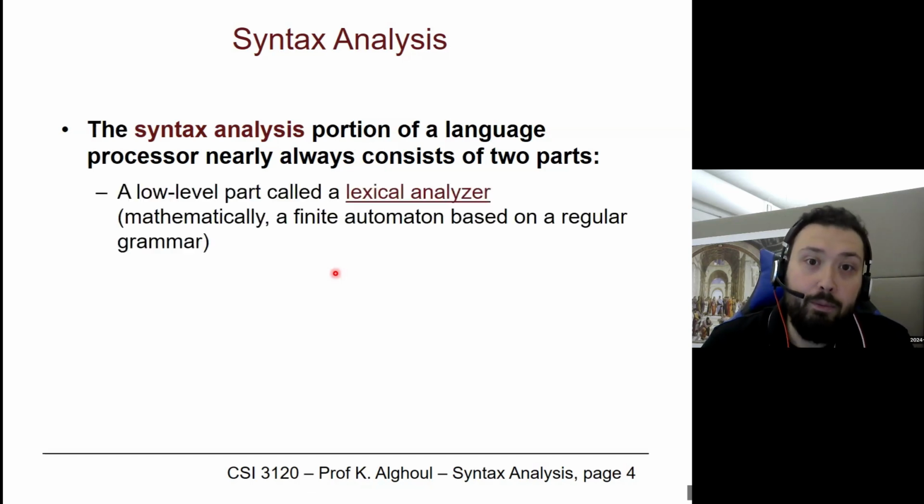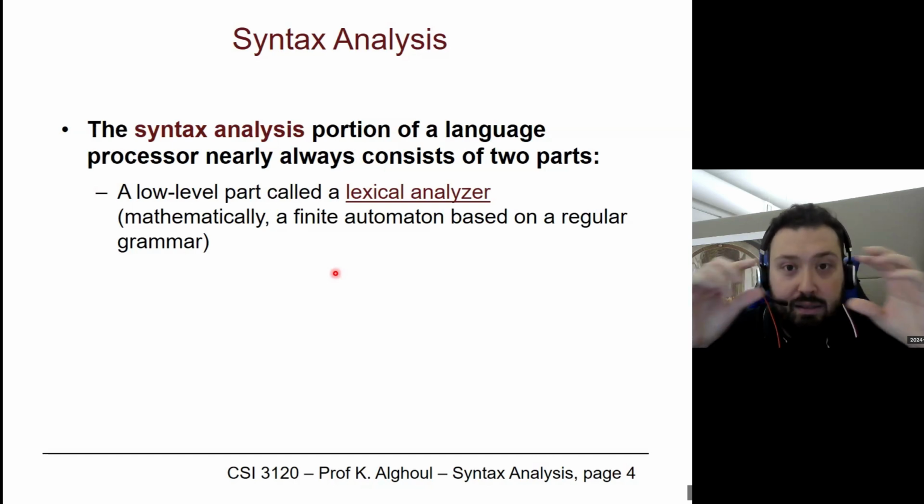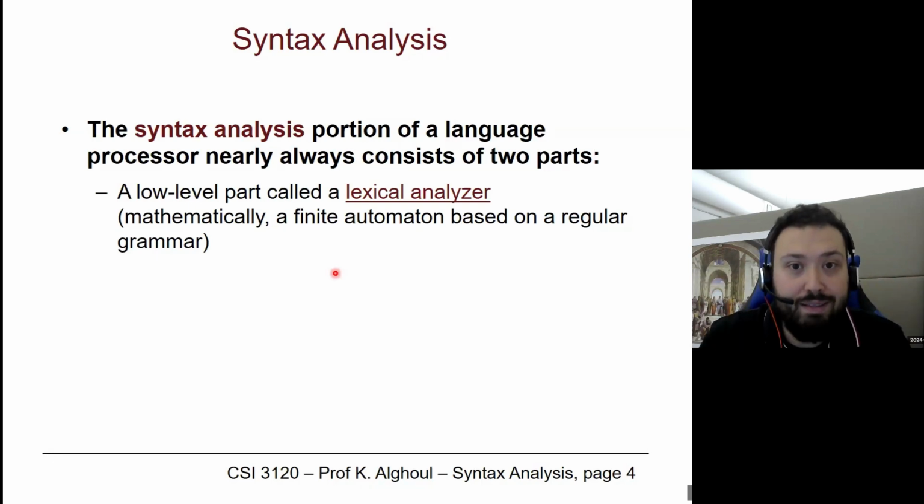And then the other part of this syntax analysis is when the statement, the string that has already passed through the lexical analyzer, is now checked for its grammar, correct? So we're not looking at each symbol anymore. We're just checking if this whole statement has a syntax problem regarding its grammar.